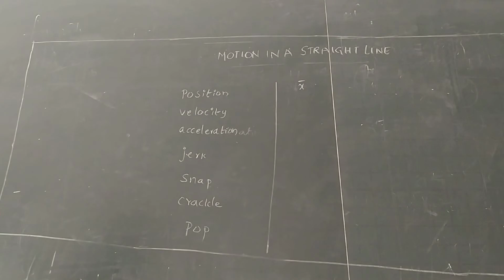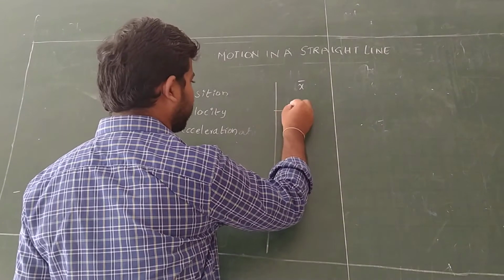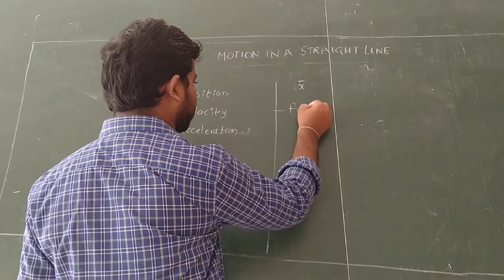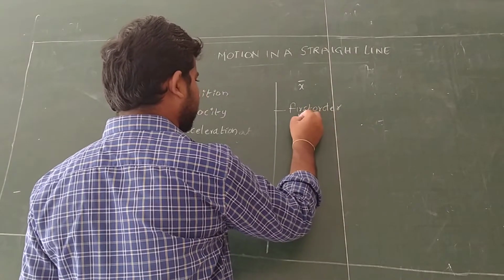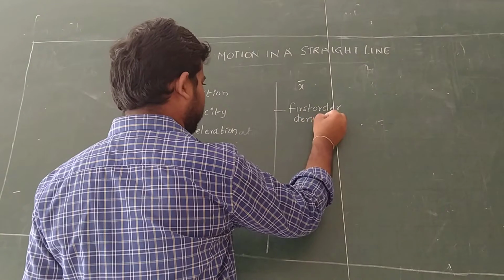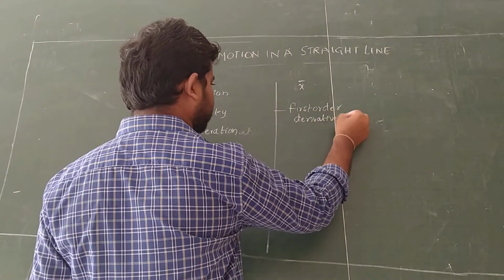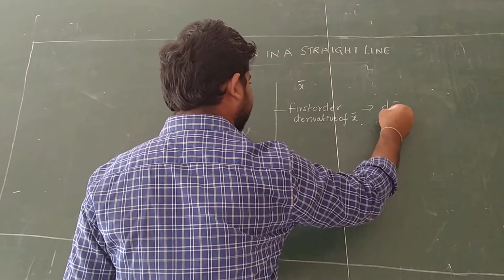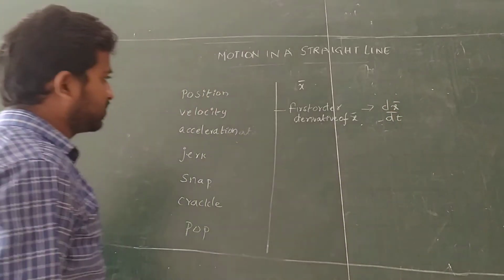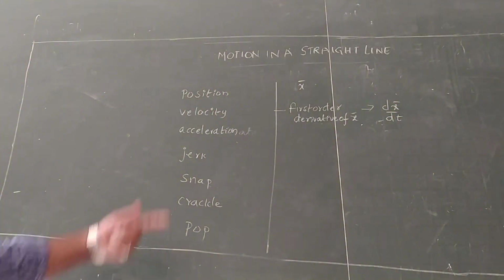Velocity is nothing but the first order derivative of x bar, which is dx bar by dt. This is instantaneous velocity, or velocity.